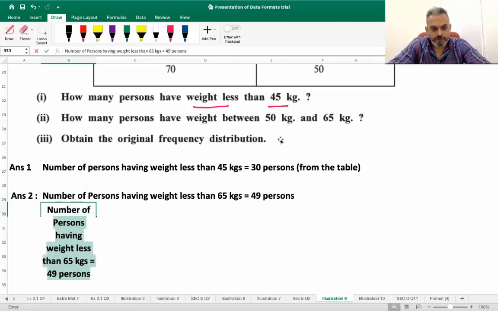Number of persons having weight less than 50 kgs is equal to 38 persons.